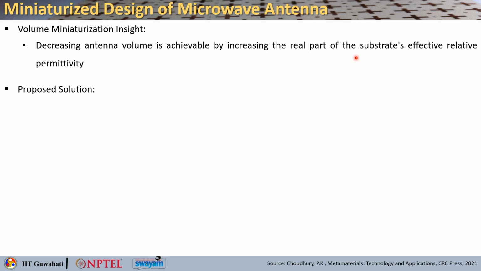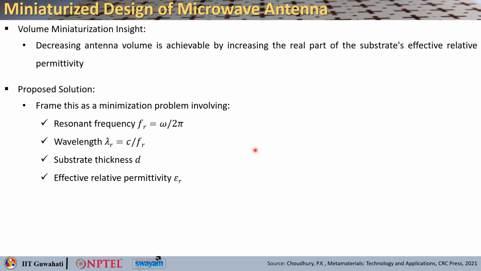Now, in this way it is logical to answer the question: to what extent can we increase the value of the real part of the complex effective relative permittivity of the substrate in order to minimize the antenna's volume profile, right.